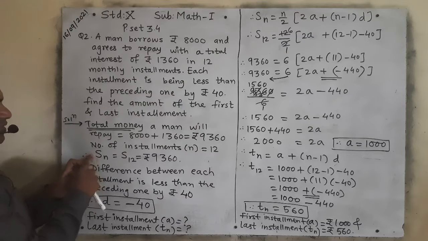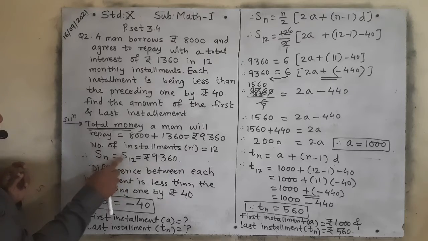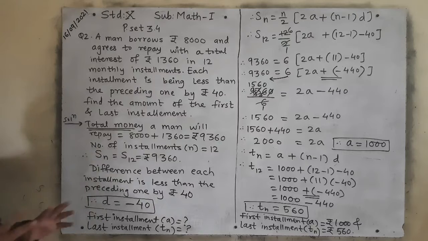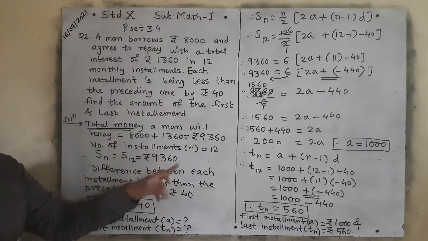So SN means the sum of all the installments. There are total 12 installments, so the sum of 12 installments is rupees 9,360. Clear? The total number of months here is 12 and the total number of installments is 12. So the n value is 12 and the total value I have to give is 9,360.